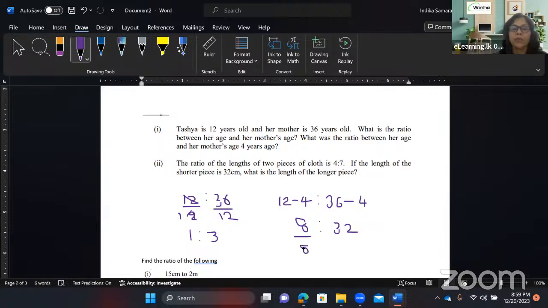If you divide both sides by 8, you can see that 4 years ago the ratio between daughter and mother is 1 to 4, right?